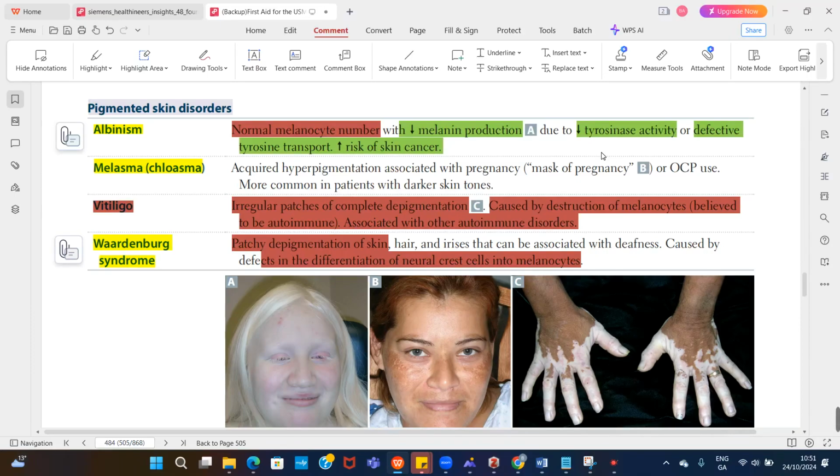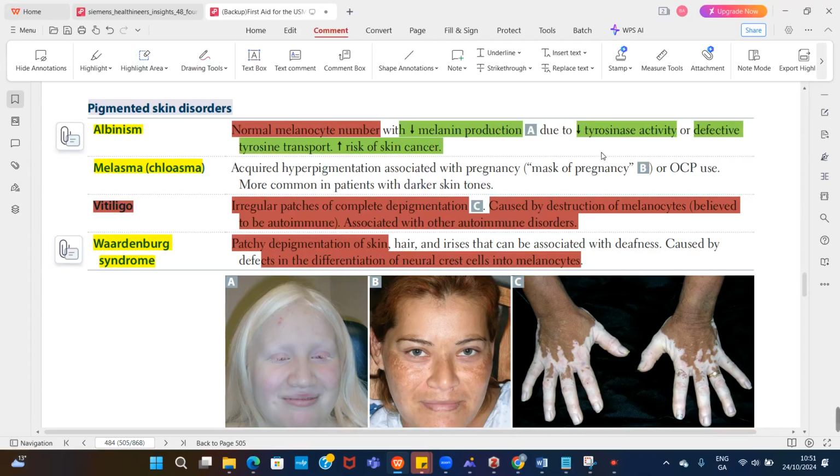Or there's a problem with the pathways that allow tyrosine, which is a substrate for tyrosinase, to be transported. Either you are not delivering the raw material, which is tyrosine, or you don't even have the enzyme to catalyze the process, which is tyrosinase. Both of them can culminate into this condition. Don't forget, the melanocyte number is intact.